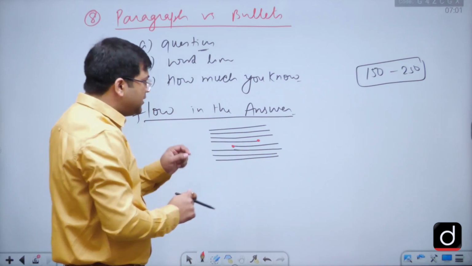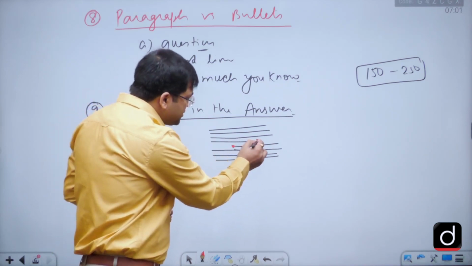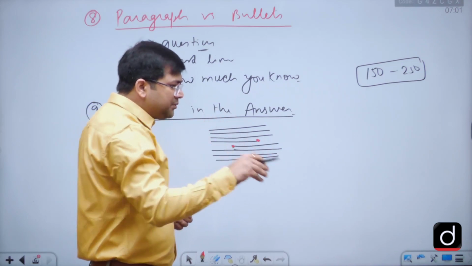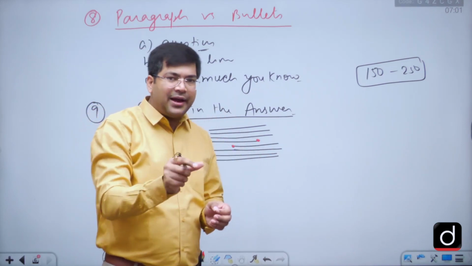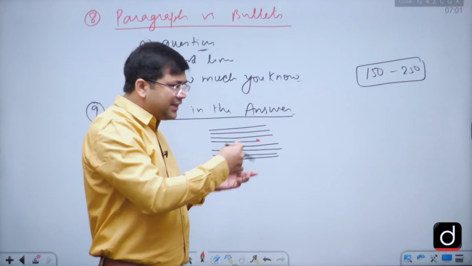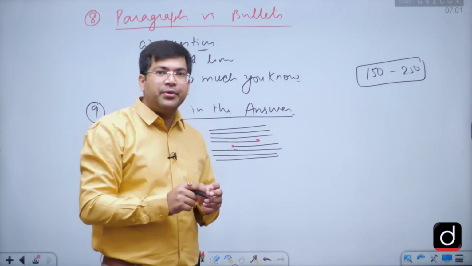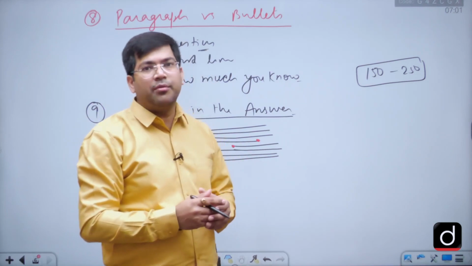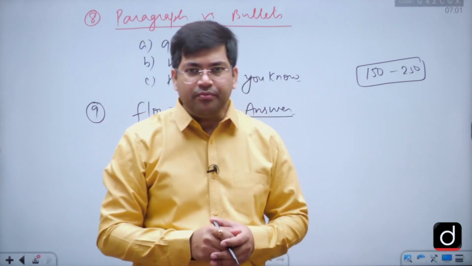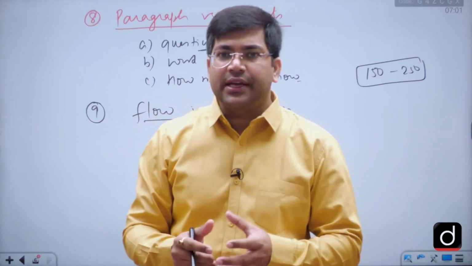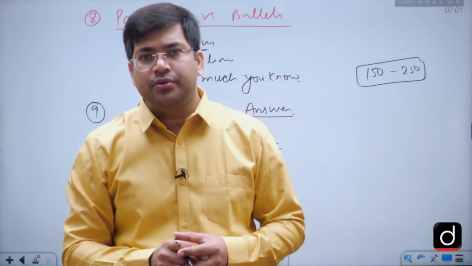It is said that by the end of the previous paragraph, you must be leaving some idea for the examiner that in the next paragraph you will be talking about this point. For example, if you are talking about the monsoon, write the basic characteristics of monsoon.